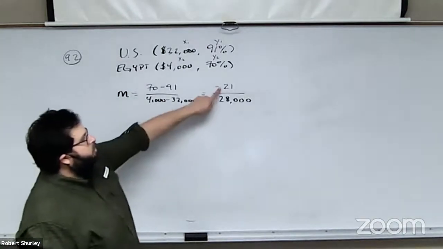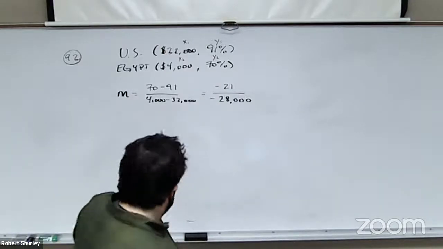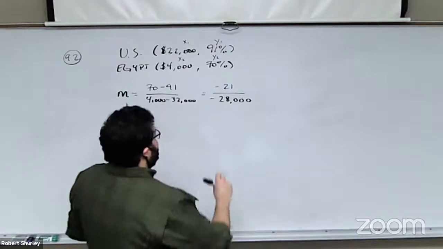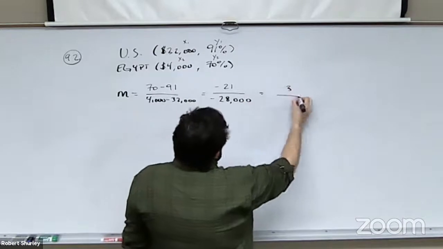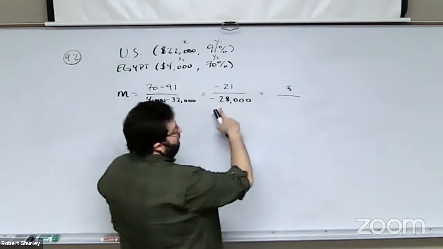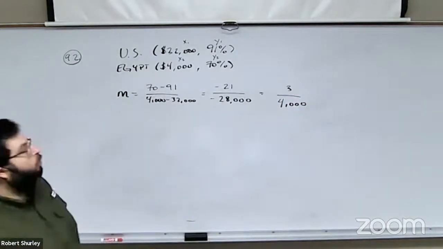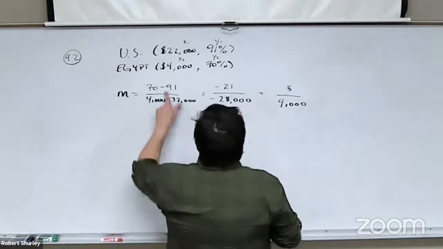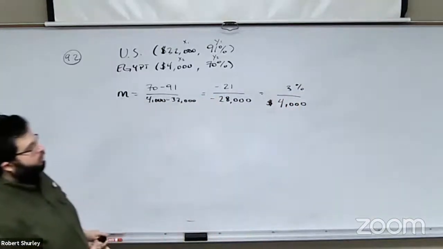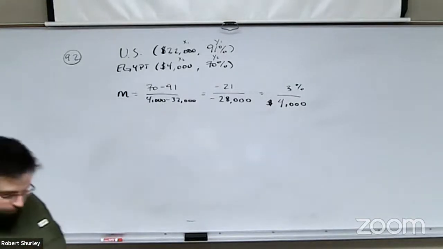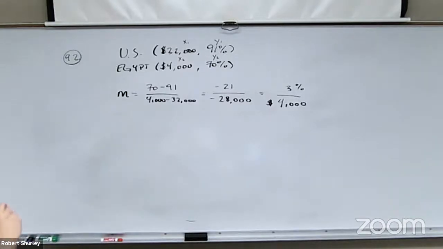Now I know both of these are divisible by maybe 7. I need a calculator here. Now they're both negative, so I'm going to turn that positive. This would be 3 over 28,000 divided by 7, which should be 4,000. Oh, I'm going to put the units on here. This was a percent and that was dollars. But that's our slope. It's 3 over 4,000.